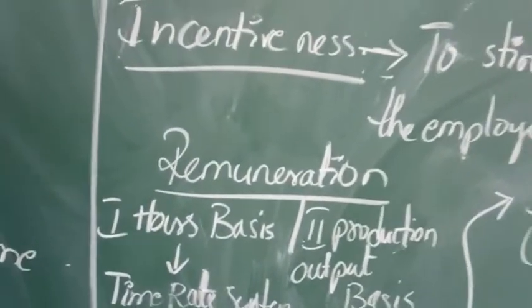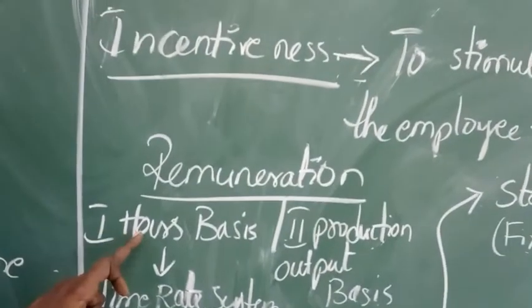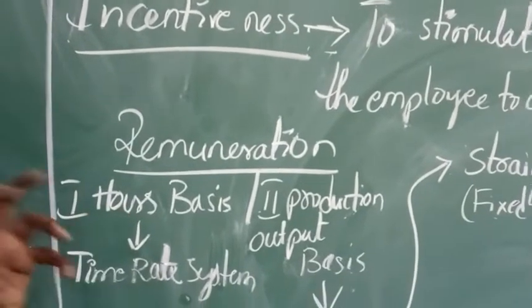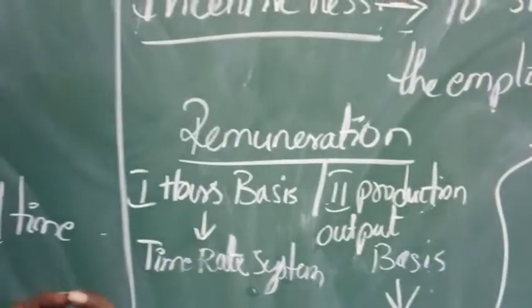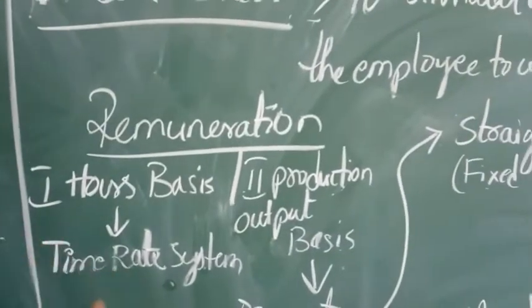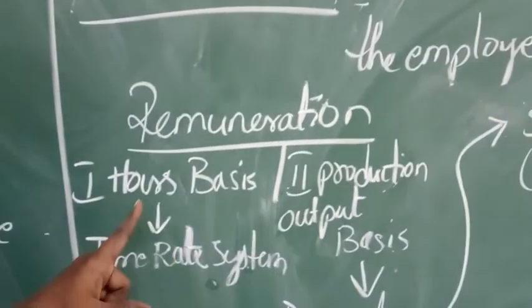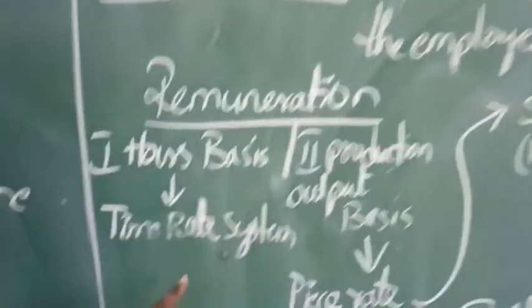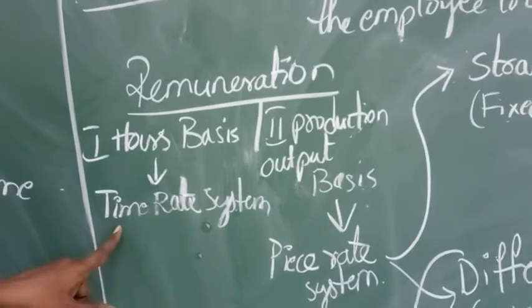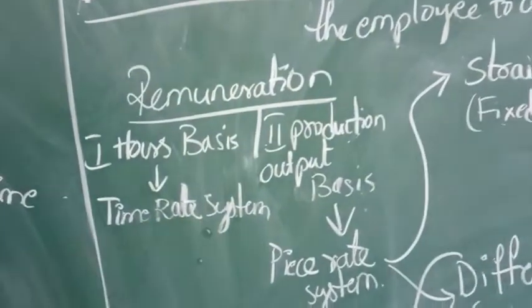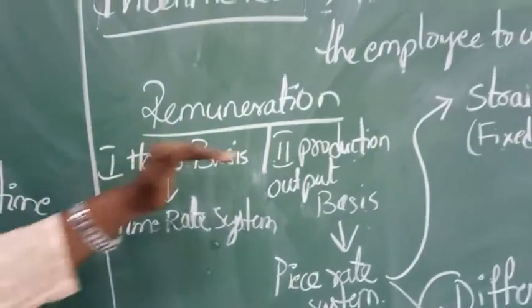On the first basis, we look at how many hours a labor worked and how much you are paying for 1 hour. That comes under the labor hour basis. This system is called the time rate system. In remuneration we have two methods.